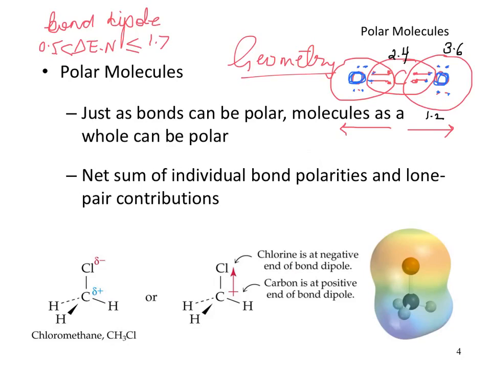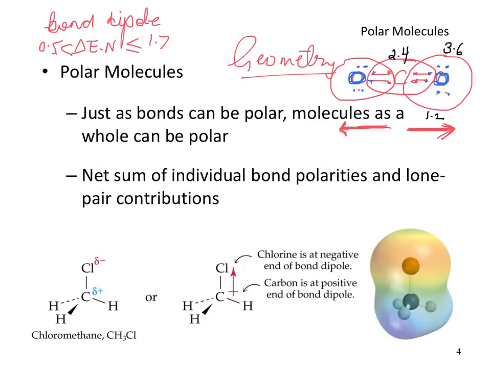So the extent with which the electron density is pulled towards the first oxygen is the same extent that the second oxygen pulls the electron density towards itself, and hence CO2 as a whole is non-polar, even though it does contain polar bonds.